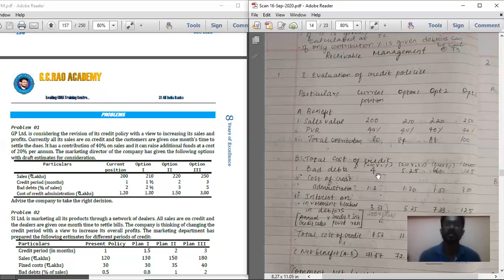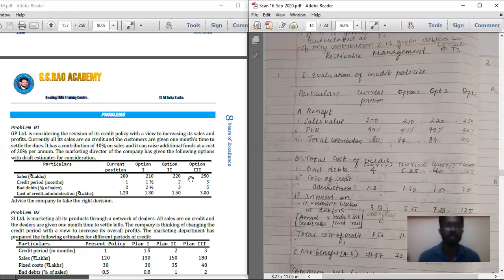For option 1, 2.5% is bad debts, so 210 into 2.5%, put 5.25.